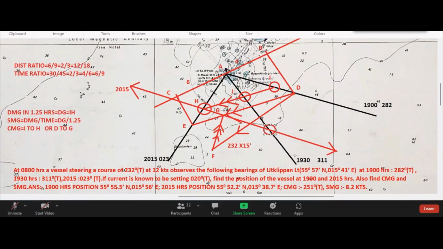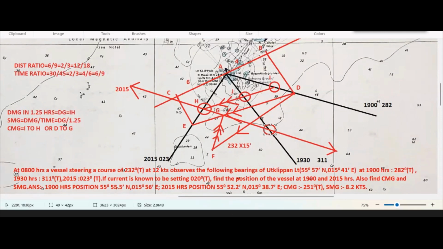Understood, sir. Middle line is 1930. दोनों same time का होना चाहिए. How can you get a position? I told you, the two information same time. They are not in the same time.